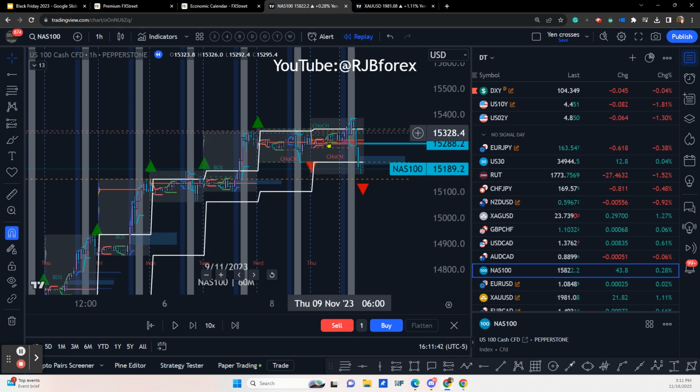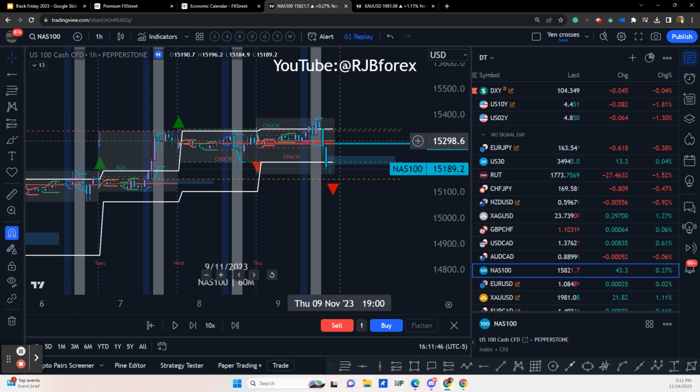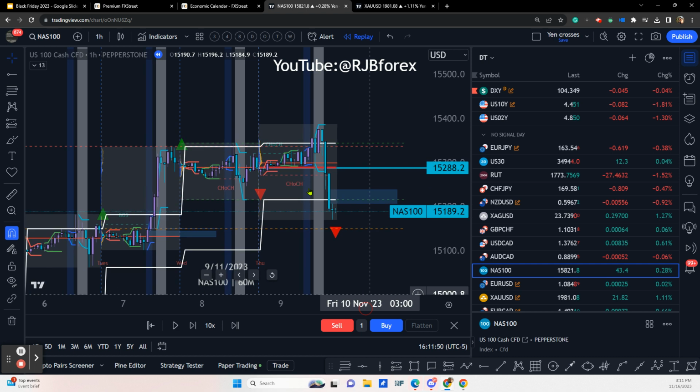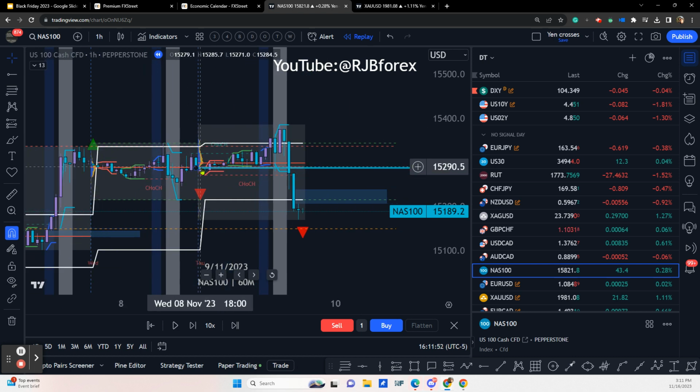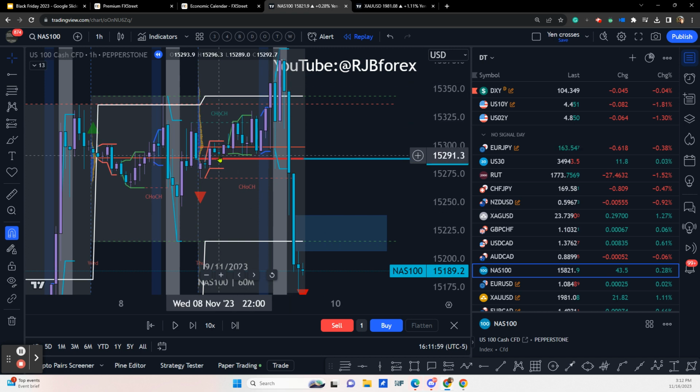So on Thursday, we've got a closing price from Wednesday. So if you're trading on Thursday, you can be using that closing price as a support level, as an anchor.